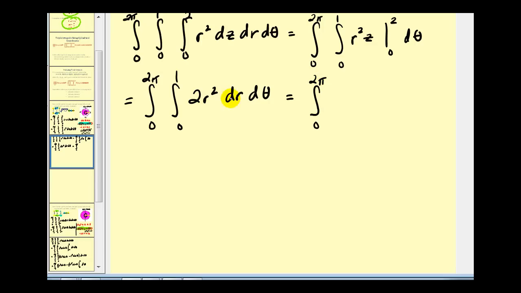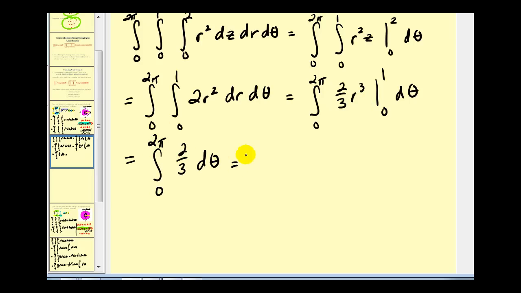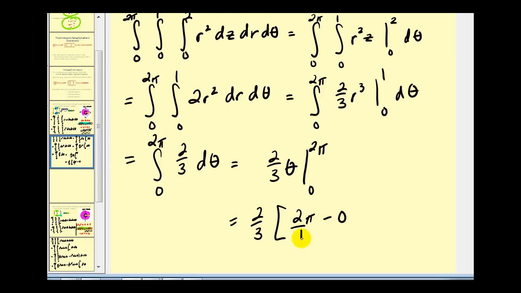We have 2/3 r cubed. Well, when r is equal to 1, we'll have 2/3, and then when r is equal to 0, we'll have 0. So we'll have 2/3 theta, evaluated at 2 pi and 0. So the result here is going to be 4 pi thirds.